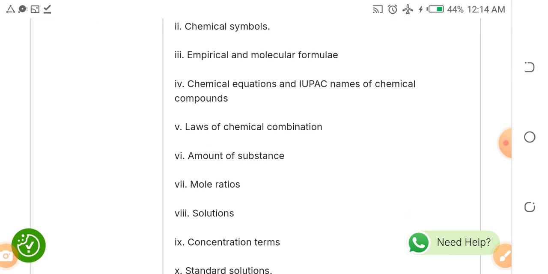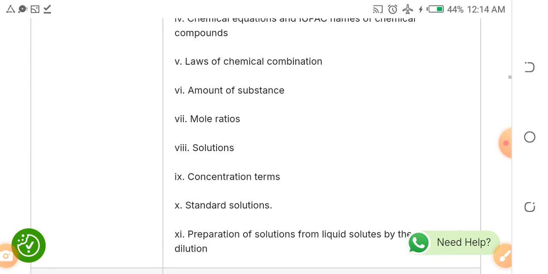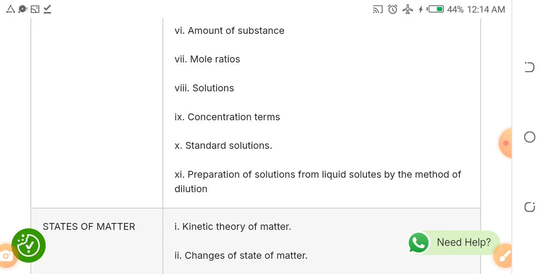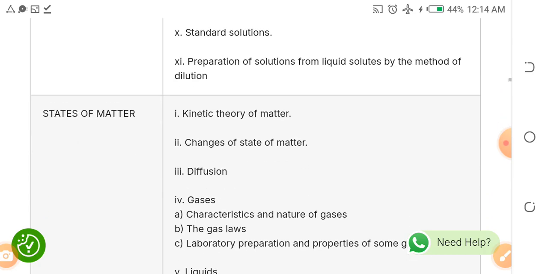So the laws of chemical combination, amount of substance, mole ratio, solutions, concentration terms, standard solution, preparation of solutions from liquid solutes by the method of dilution.